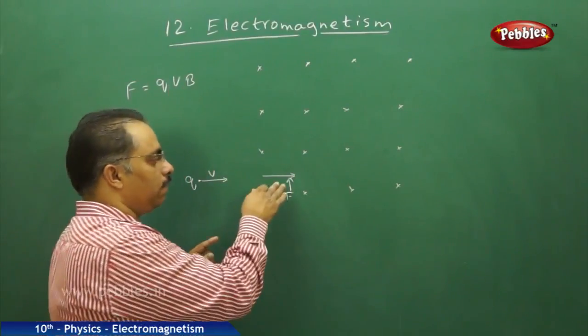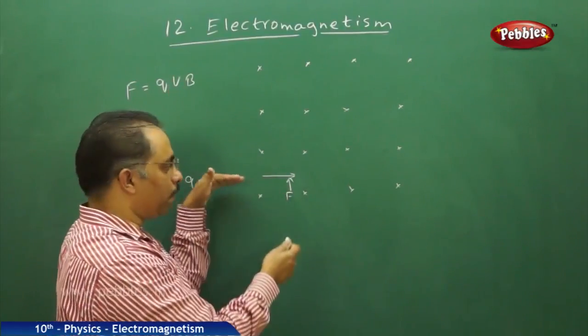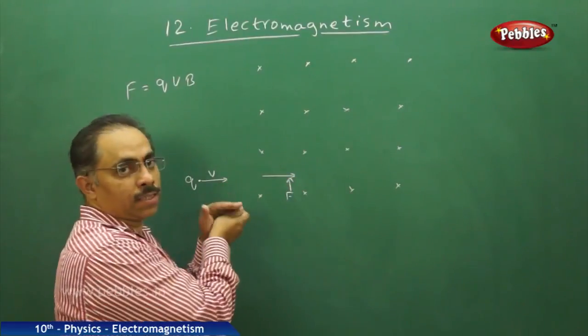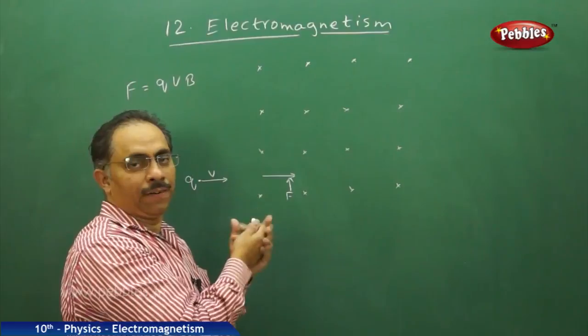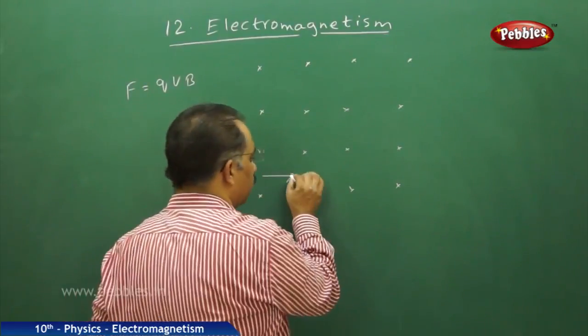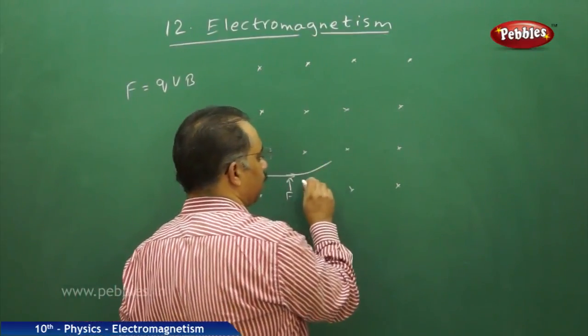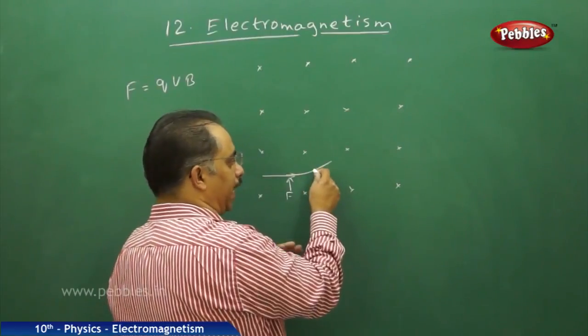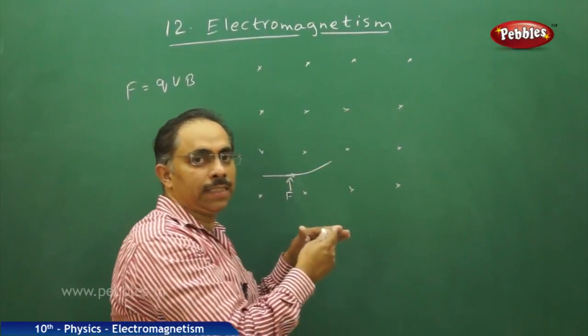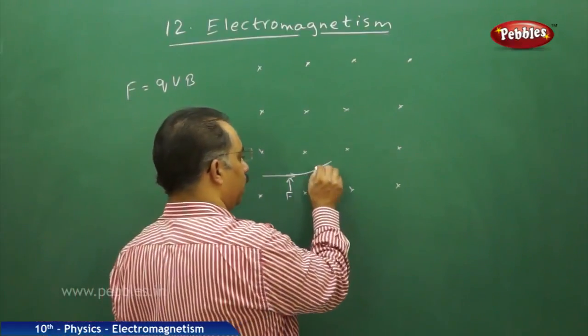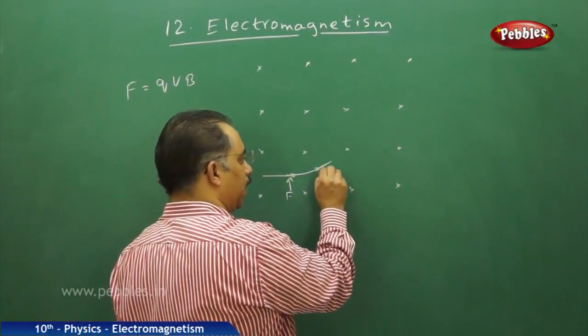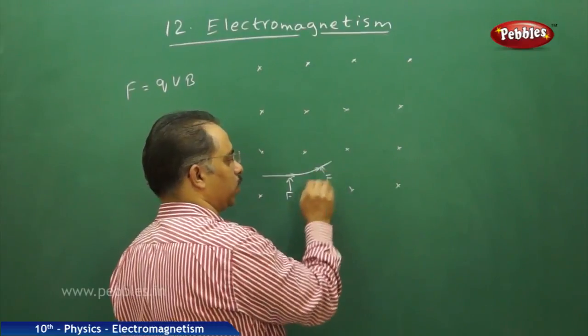Now when there is a force directed perpendicular to the direction of velocity, what happens? Does it continue to move this way? Definitely not. So it will try to change its path. Whenever it is trying to change, always the force is perpendicular to the velocity. So what will happen now? If the velocity is in this direction, again the force is appearing in this direction.